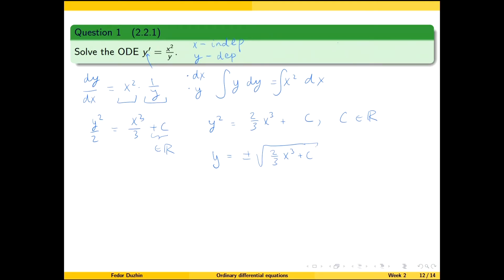Is it done? Not yet, because it is actually good to do this at the beginning, but I delayed it on purpose. The right hand side of our differential equation has division by y, right? And if y equals 0, then we couldn't divide by y.